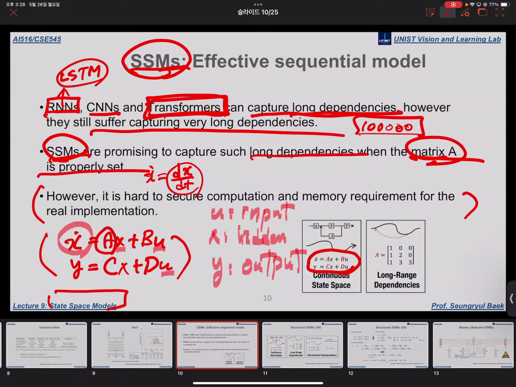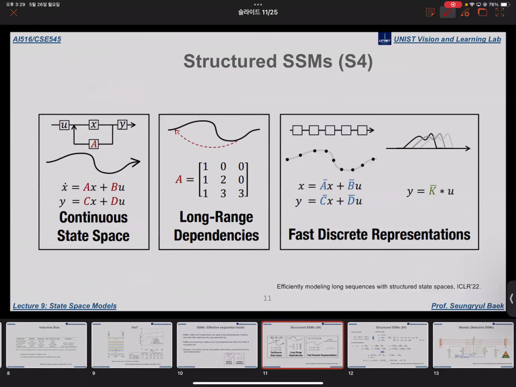Implementing the matrix A that can capture long dependency can be very computationally heavy, so it cannot actually be implemented. So when A is properly set, they can capture long-range dependencies, but it's not very efficient. That was the hurdle for applying this SSM architecture to real problems.